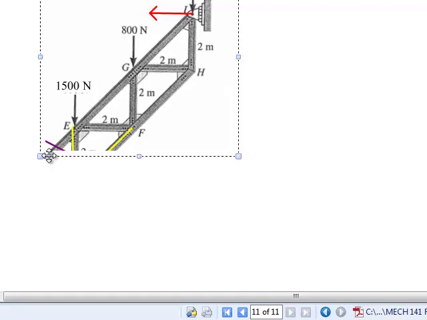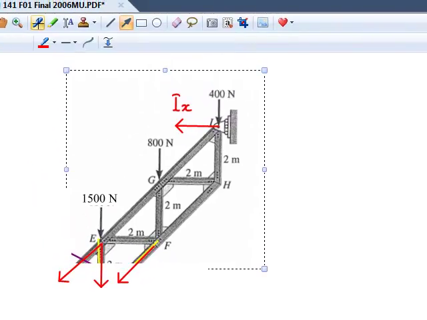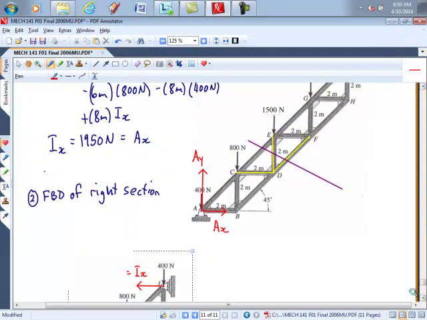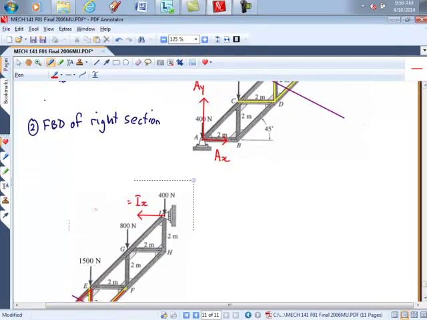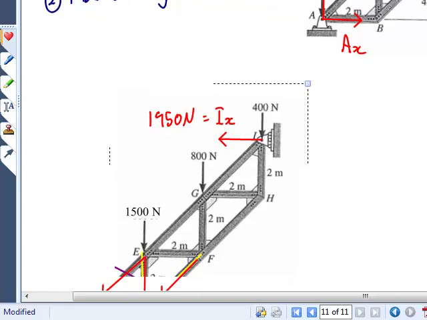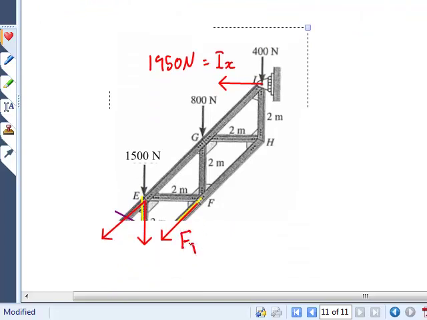And it's going to have force here, force here, force here, all assumed to be in tension. Ix was already found to be 1950 newtons. Oop, looks like we're out of time. It's going to be FDF, FDE, and FCE.